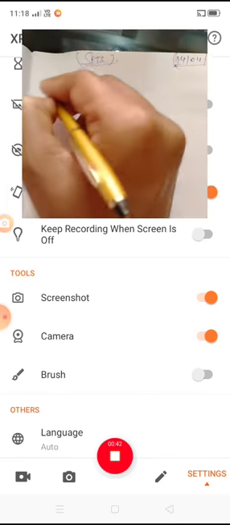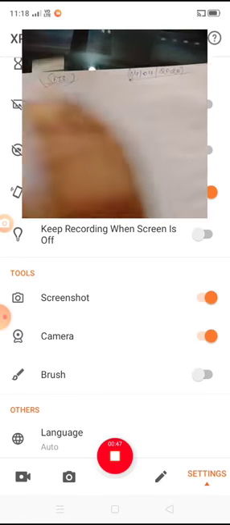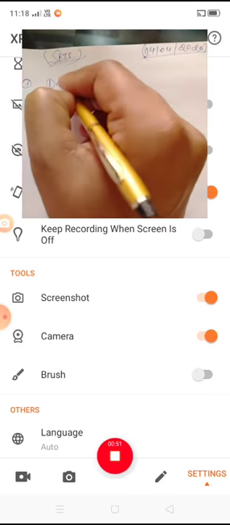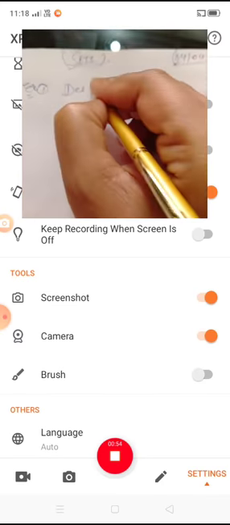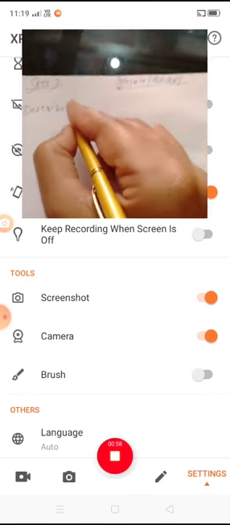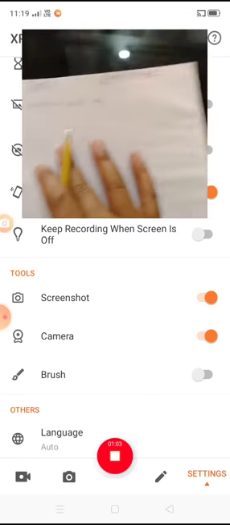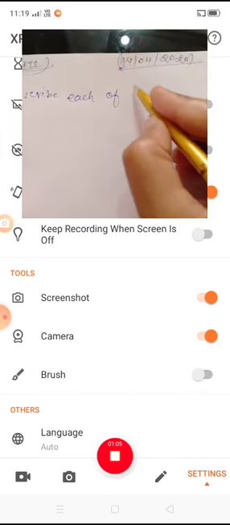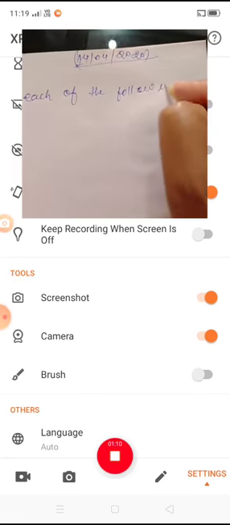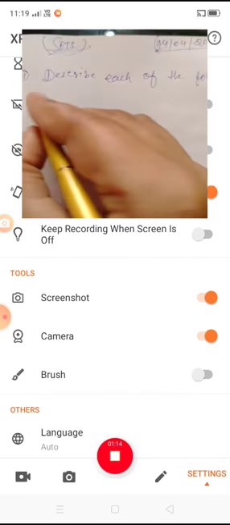Take an example. First, describe each of the following sets in roster form.